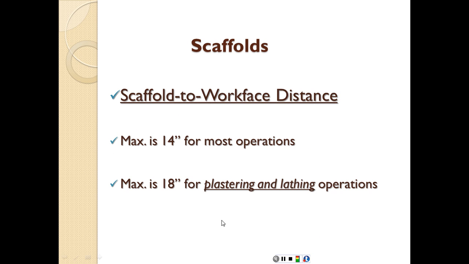So the maximum is going to be 14 inches for most operations, and we have a leeway or a tolerance of an additional 4 inches for plastering and lathing operations, because you're going to allow for the thickness of the plaster itself. So anywhere between 14 and 18 inches maximum space between the face of the scaffold and the work face distance.